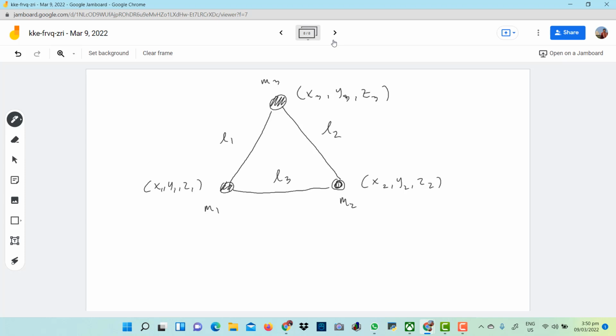But I have three equations of constraints.